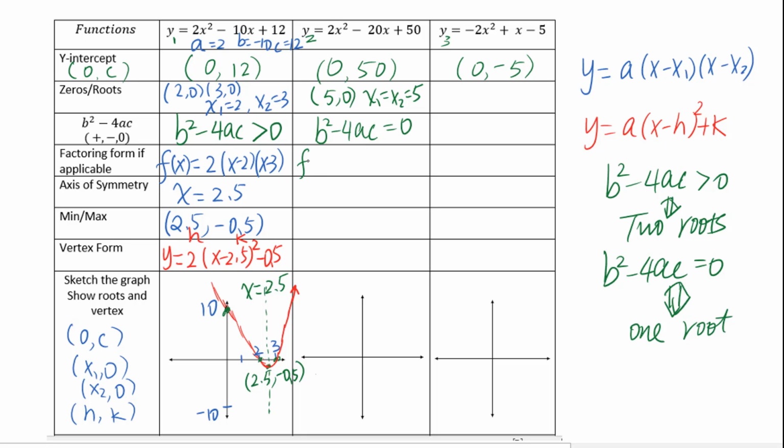Your factoring form will be f of x equals 2 times x minus 5 squared, because it's x minus 5 times x minus 5. For axis of symmetry, it's x equals 5, because the minimum point is 5, 0. Vertex form is y equals 2 times x minus 5 squared, same as the factoring form.